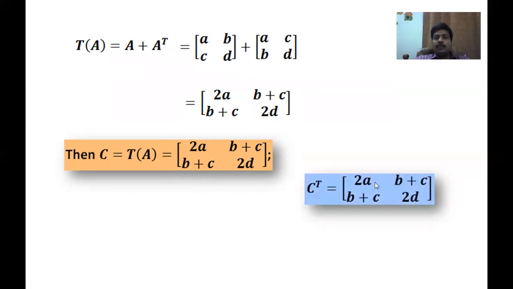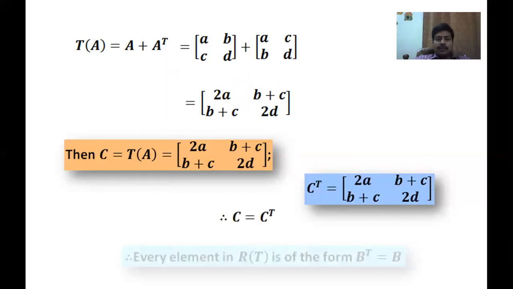Then C transpose will be [2a, b+c; b+c, 2d]. If you observe, both are the same, so C is equal to C transpose.